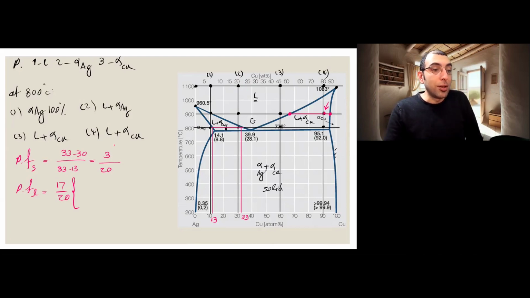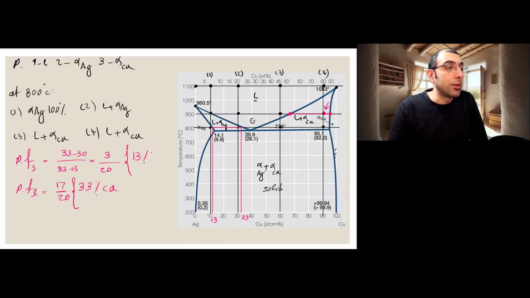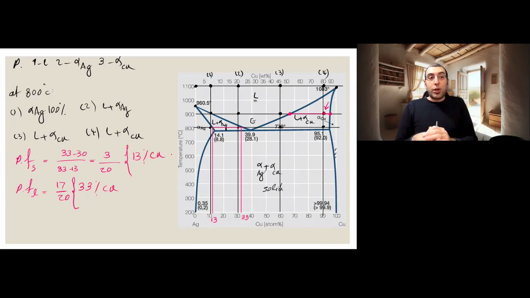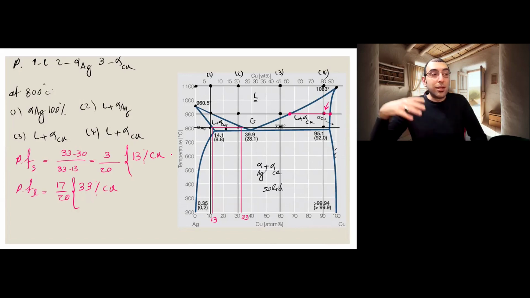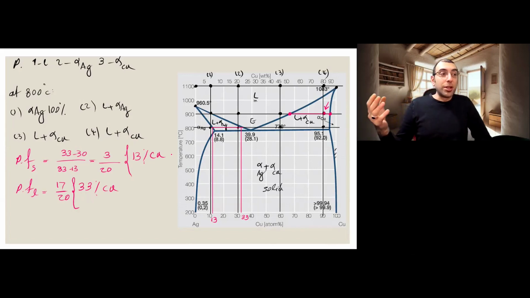So in your liquid, you got 33% copper. What about your solid, when it crosses the solidus line? In your solid, you got 13% copper. So your liquid in your melting pot, when they became two phases, the liquid part contains much more copper than your solid. Yeah. So this was about 0.2.